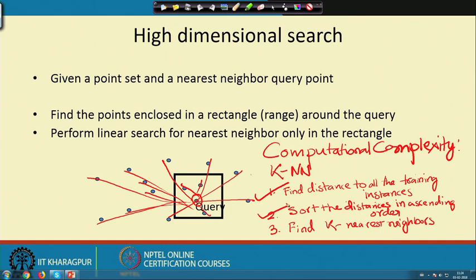So we used two strategies. One is to reduce the number of training instances.